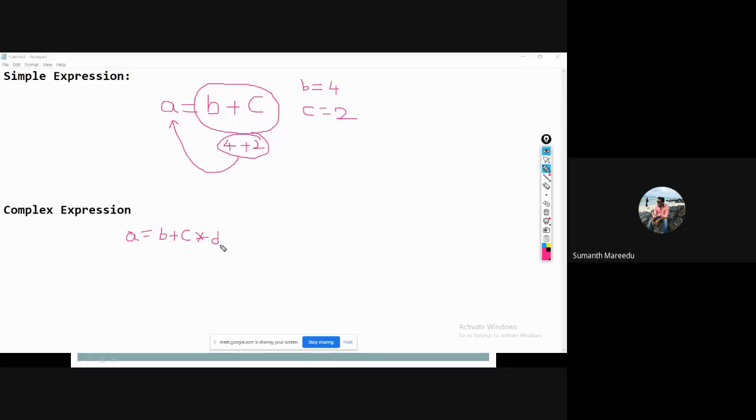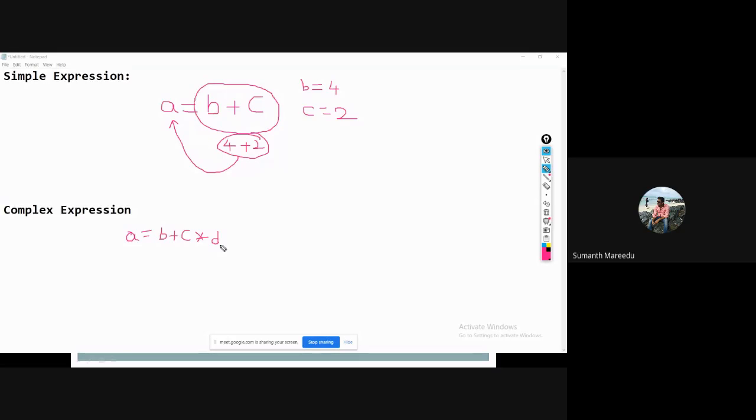So in the case of a simple expression, the evaluation of the expression is very easy because there is only one operator, like plus or multiplication or whatever operator, and you can apply that operator on those two operands and assign the value.